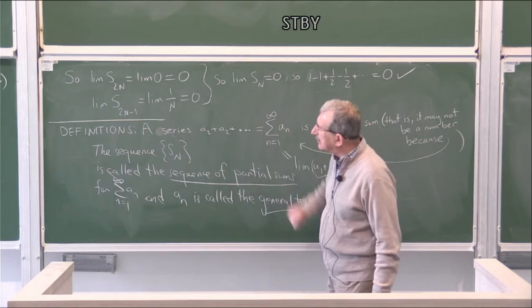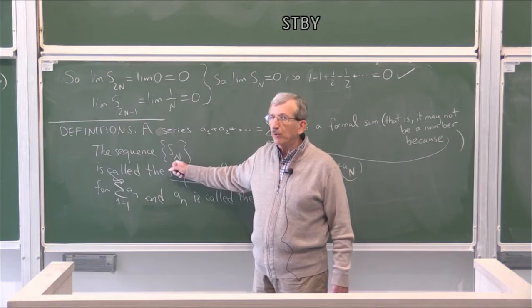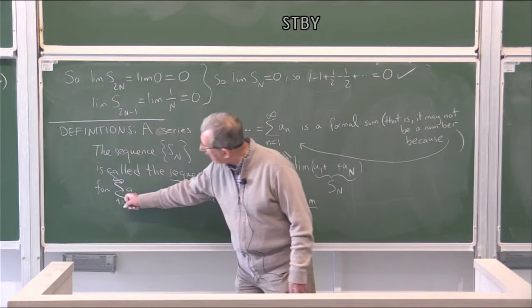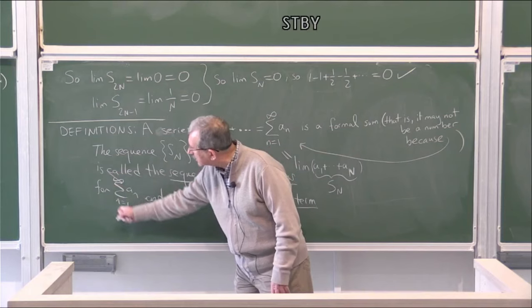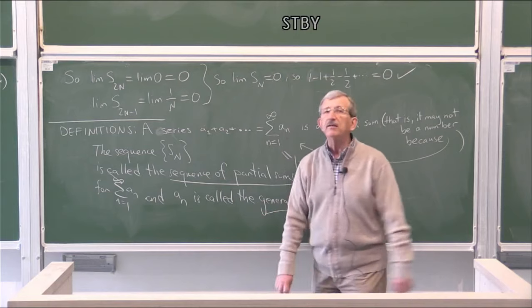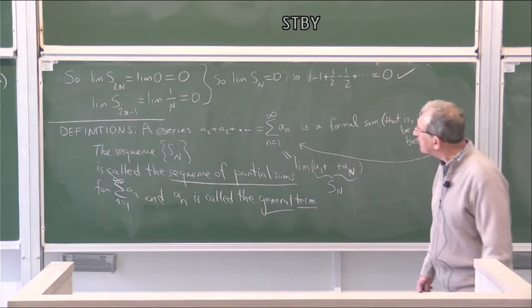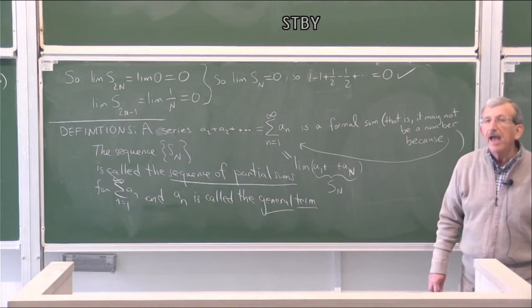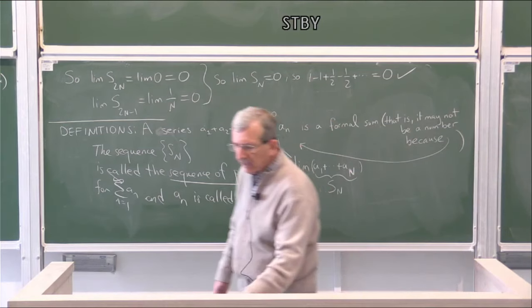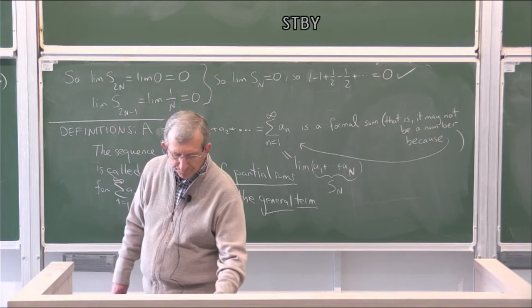But there is a second sequence, which is even more important, because a series has a value, that is, this formal sum is equal to a number, means exactly that the limit of Sn exists. So everything depends on Sn, not An directly. An has a role to play, but basically it is Sn.